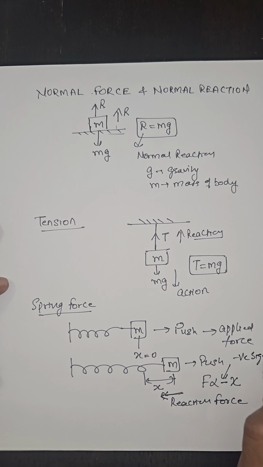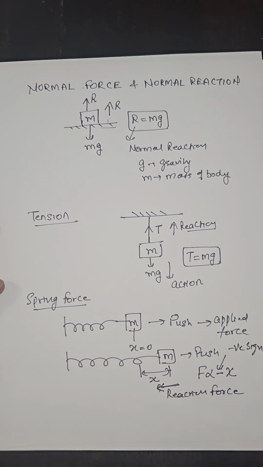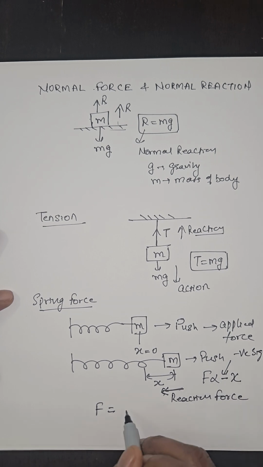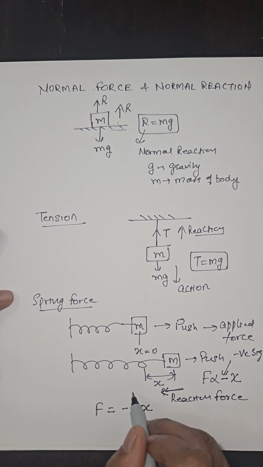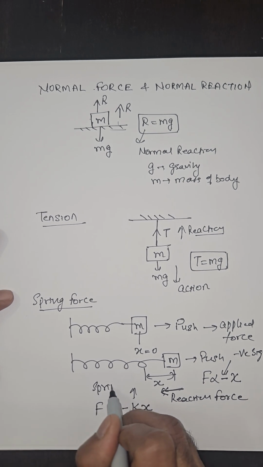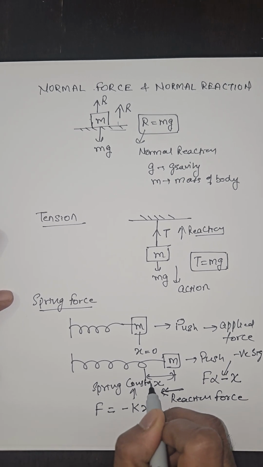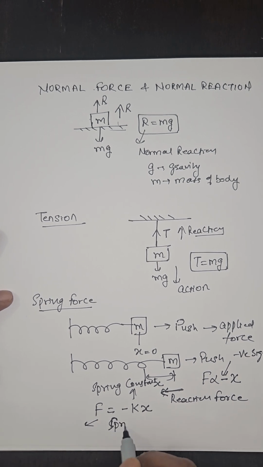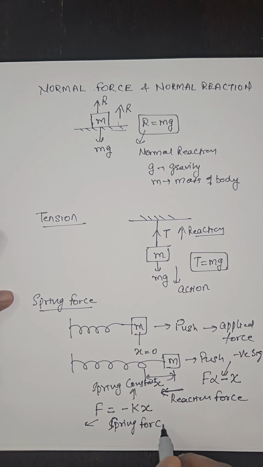The negative sign shows that this acts in the opposite direction. So F is equal to minus kx. If you remove the proportional sign, there should be some constant. This constant is called the spring constant, and the force that comes is called the spring force.